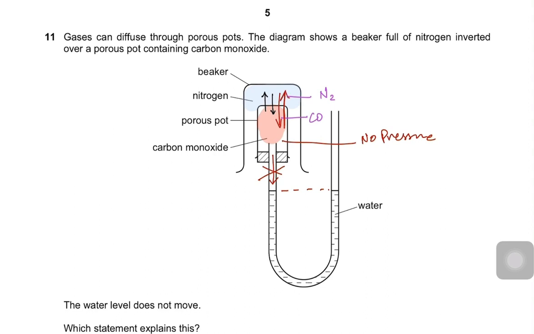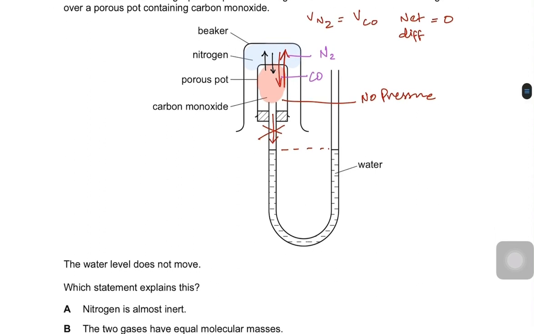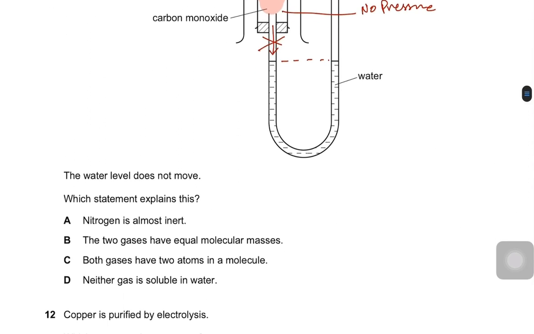It happens only when the molecular masses of the incoming gas and outgoing gas are the same, so their velocities are the same. When the velocity of nitrogen is equal to the velocity of carbon monoxide, only then there is no net diffusion. So there is no change in volume, no creating of pressure. So it means the two gases have equal molecular masses.